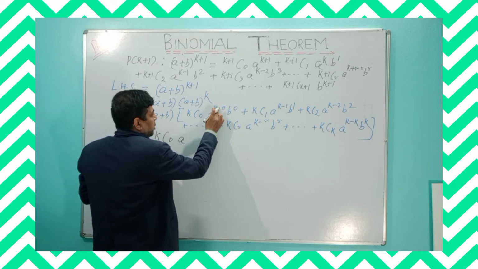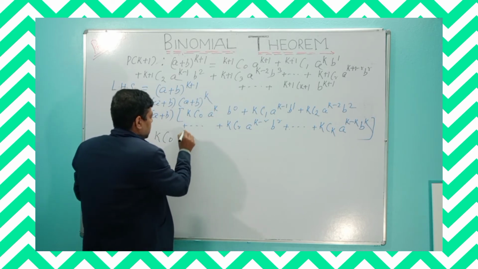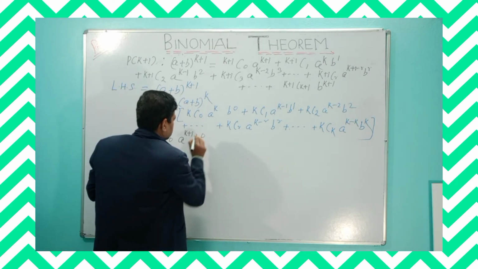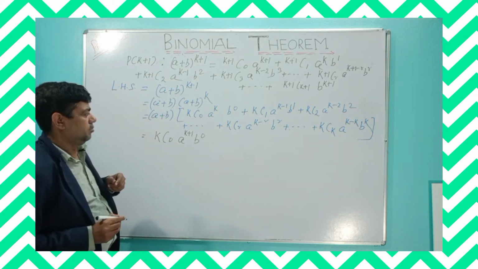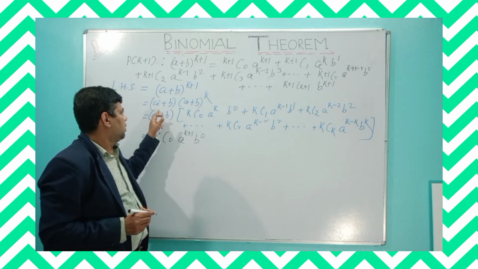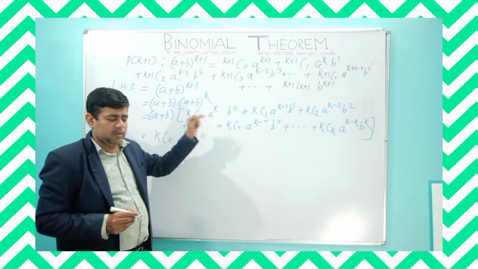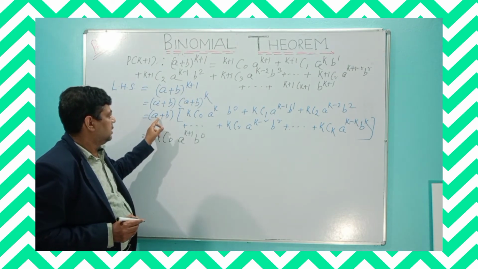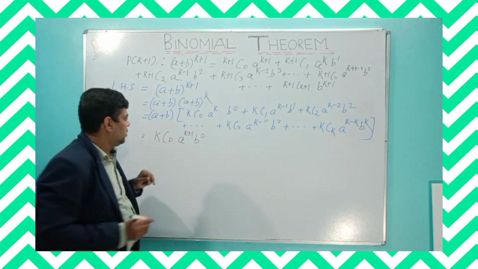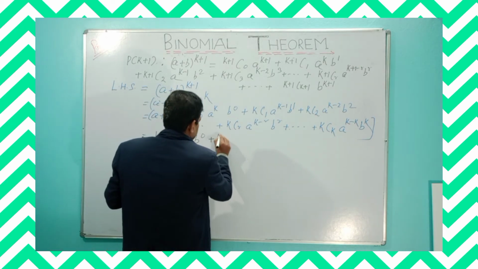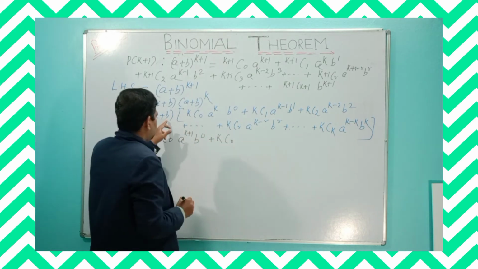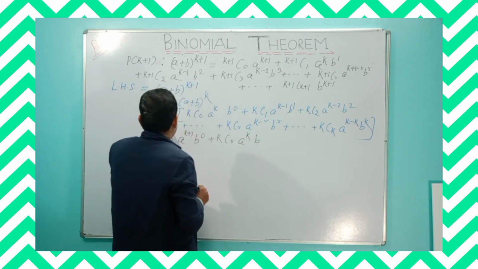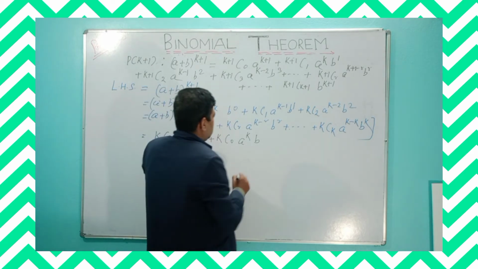Here a to the power 1 into a to the power k, according to the laws of exponents, it will be k plus 1, and b to the power 0. Similarly, here b is multiplied, plus kC0, in a similar manner we can write a to the power k, b to the power what? Here the power is 1, here the power is 0, 1 plus 0 is 1.